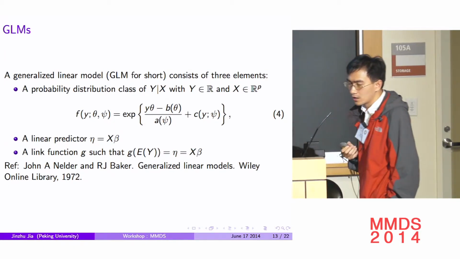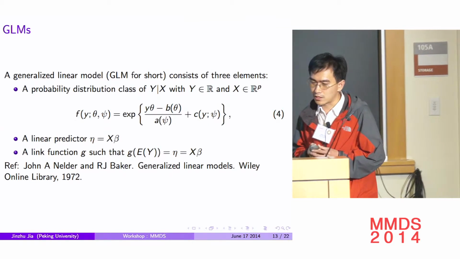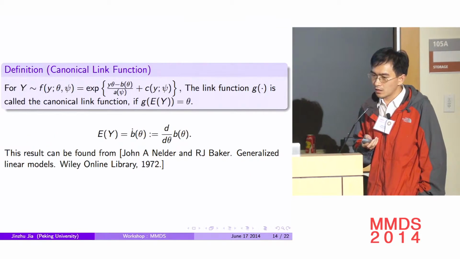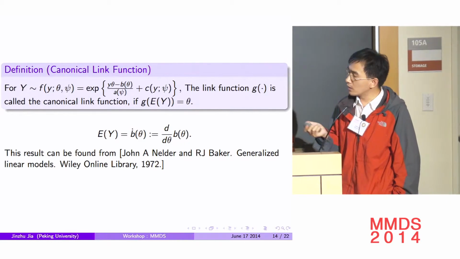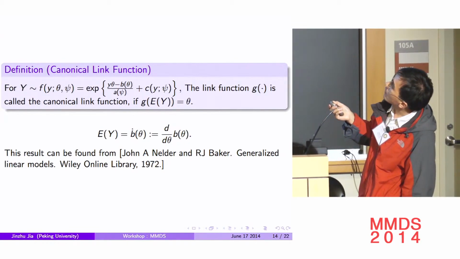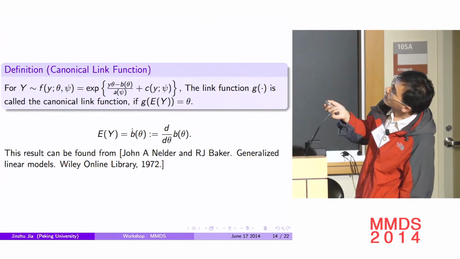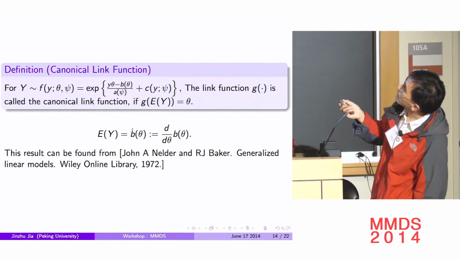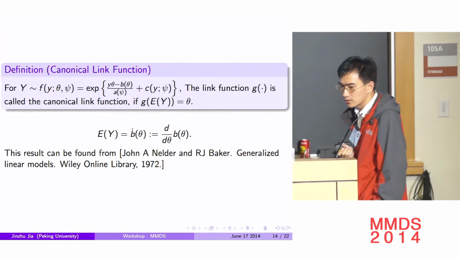So this is the generalized linear model. If the link function g is chosen such that g of the expectation of y is equal to theta exactly, then we call this g a canonical link function.